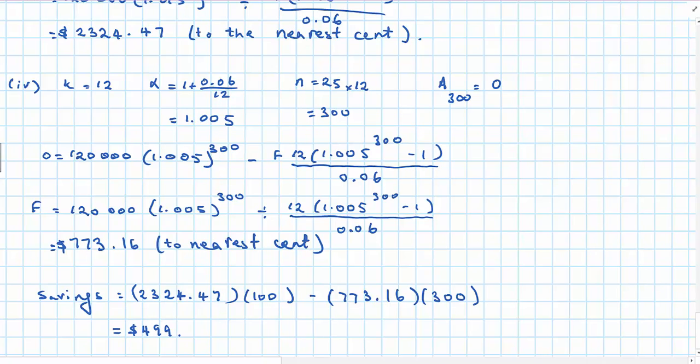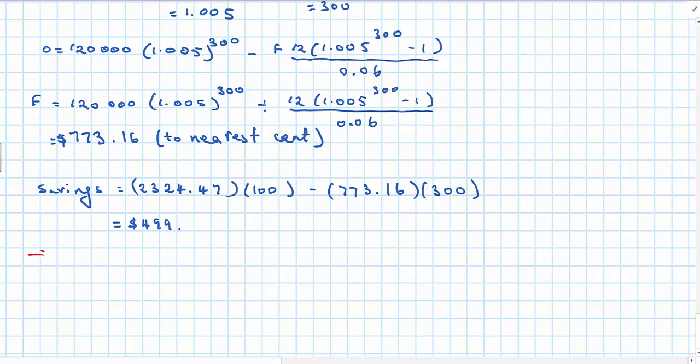So that's how much saving there is. And again, I forgot to write a sentence answer for the end of part 3, and I need to write a sentence answer for the end of part 4, but I'm sure you can do that.